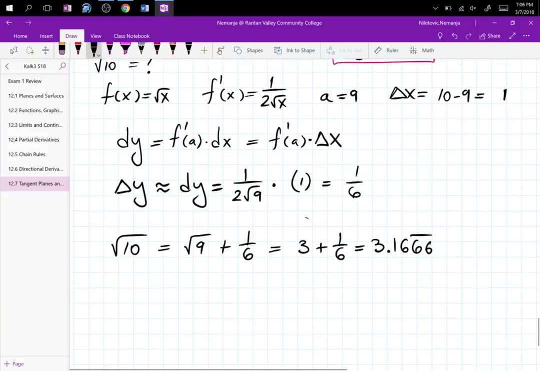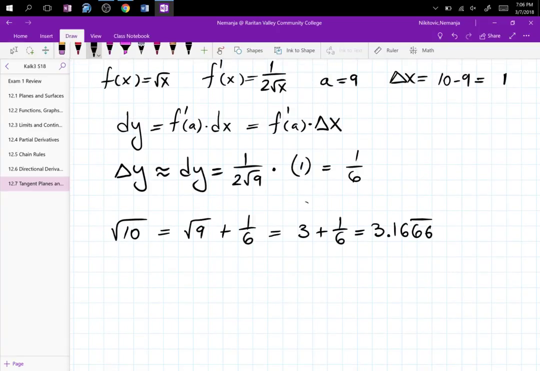So linear approximation approximates the value.